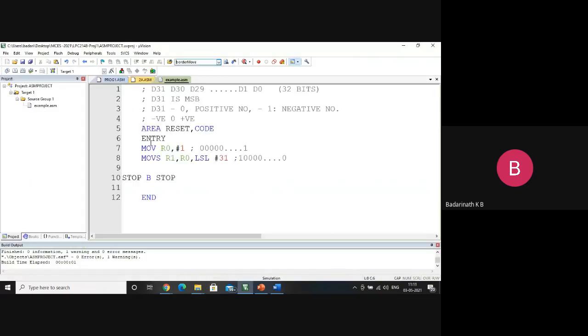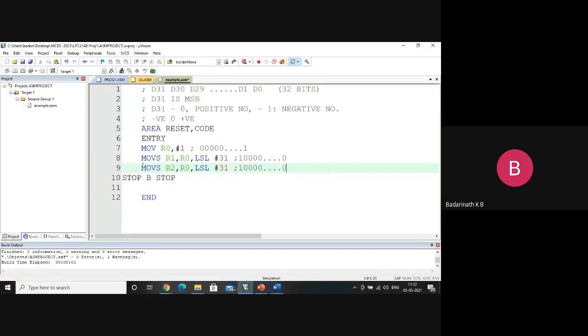Now I'll modify this program to something else. I'm going to add 2 numbers. So I'll take one more number now. MOVS R2, I'll take the number, same thing, I'll write it R0, then LSL hash 31. Now I have 2 numbers. One number is 1000, the other number is also 1000.